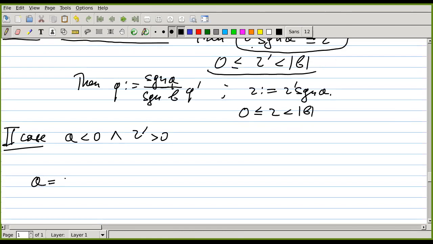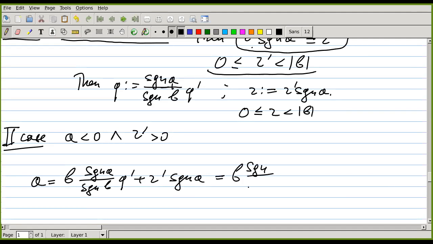A equals, let's write it one more time, B times the sign of A over the sign of B, Q prime, plus R prime times the sign of A. I will do the following: add and subtract the same value.